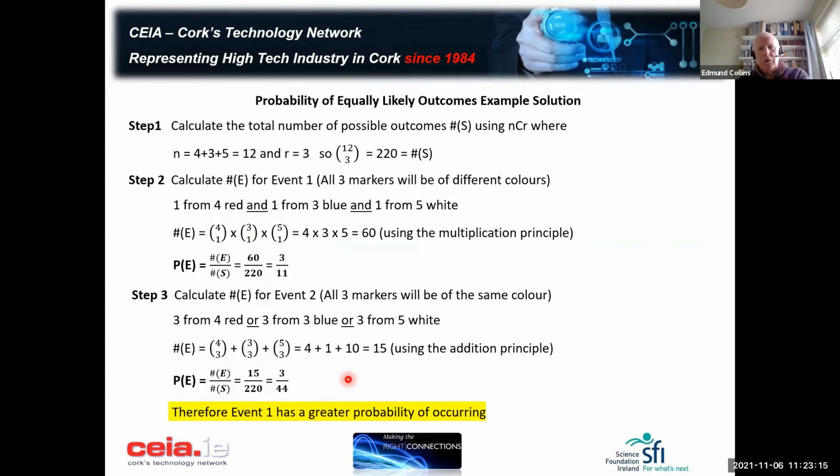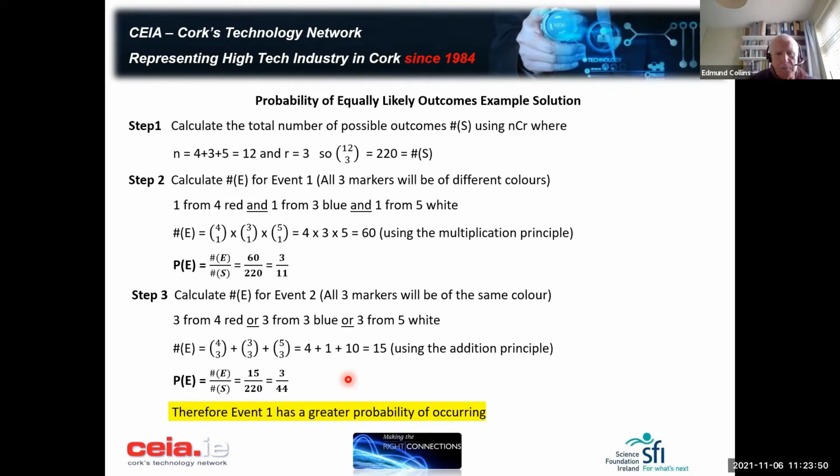And I suppose if you think of it in the real world as well, the likelihood of taking out 3 markers all of the same color from your experience would be a lot less. If you were putting money on it, you'd certainly be saying that the chance of picking different colors would be higher than pulling 3 of the same. And this bears it out in this question.